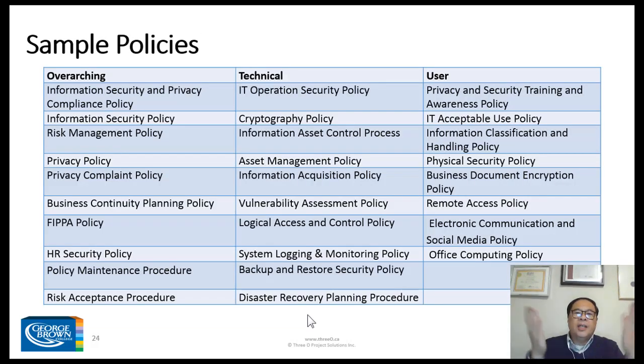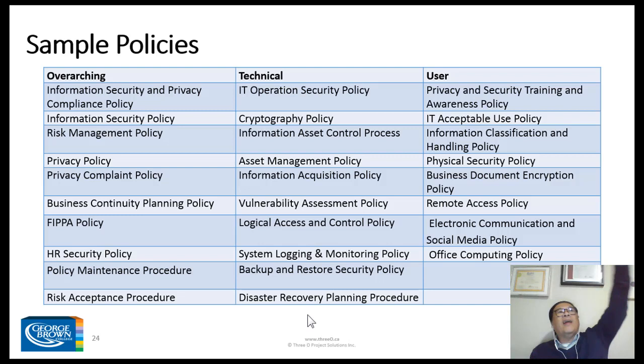This is just an example from a place that I've been to, and these are the types of policies that I was involved in developing. We had a team that developed all these policies from the ground up, so it was a very interesting project. Some overarching policies are like the enterprise information security policy, risk management policy, privacy policy, and HR policy.